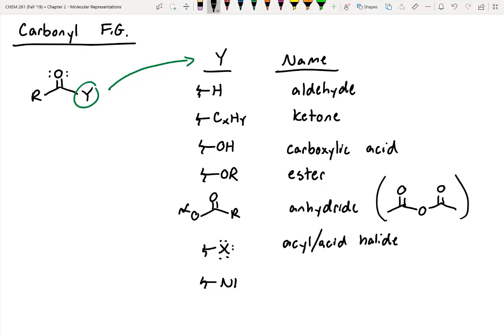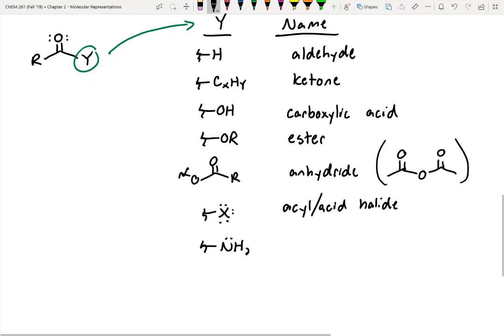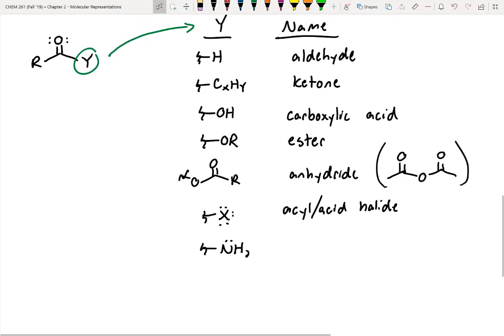And then the next one could be some sort of amine. And I'll just make a little note under here. It could be primary, it could be secondary, it could be tertiary. It doesn't really matter. All of these are referred to as amides. Where are these found?